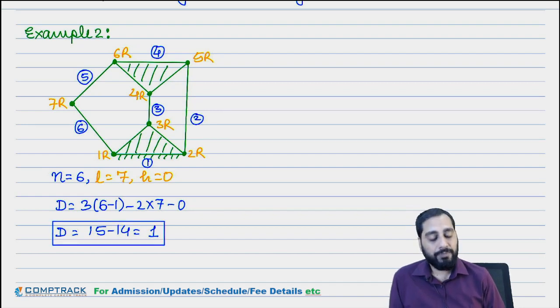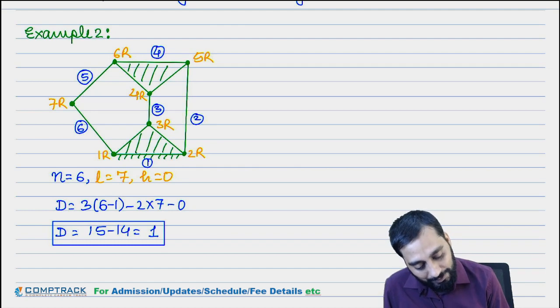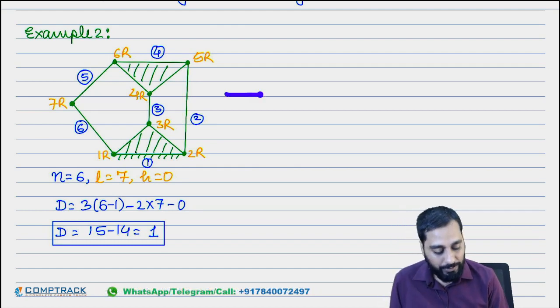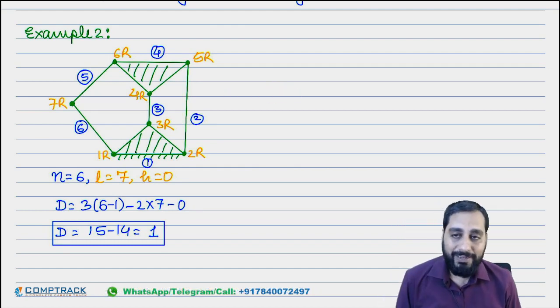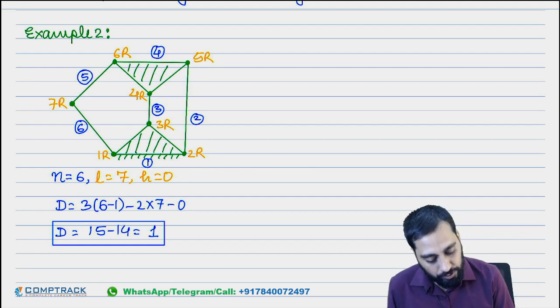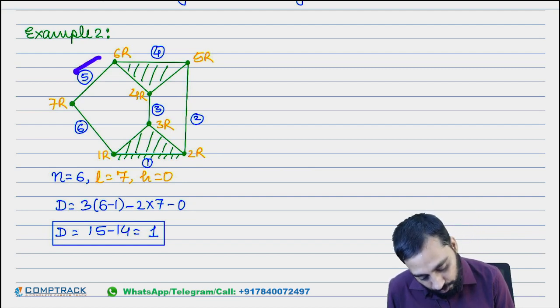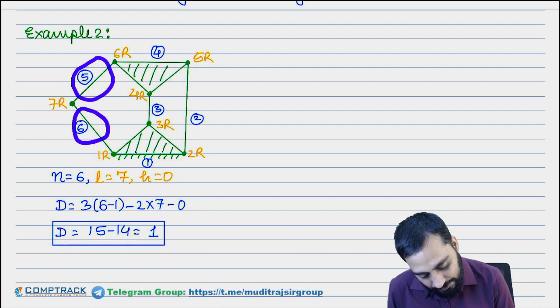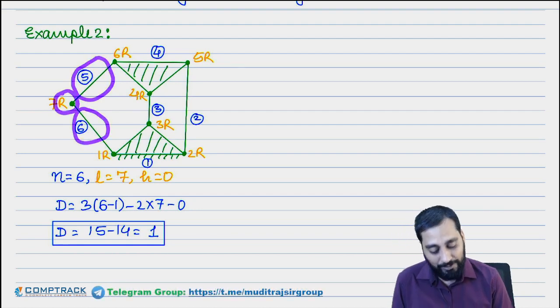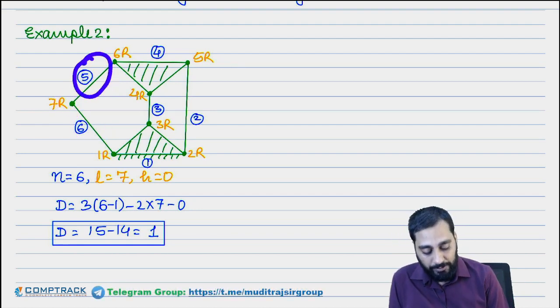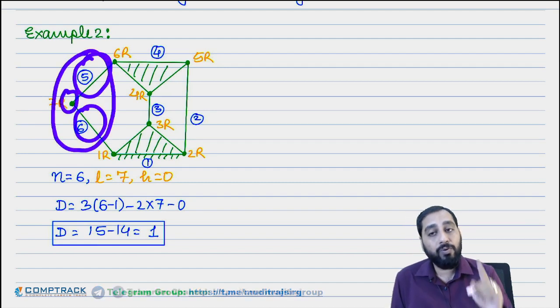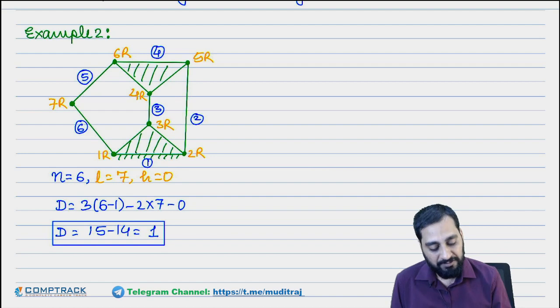It is a mechanism. Now we have to convert this mechanism into an equivalent mechanism by adding the spring. So look here, these two link 5th and 6th with a turning pair, two link and one turning pair. These three will be converted into a spring.